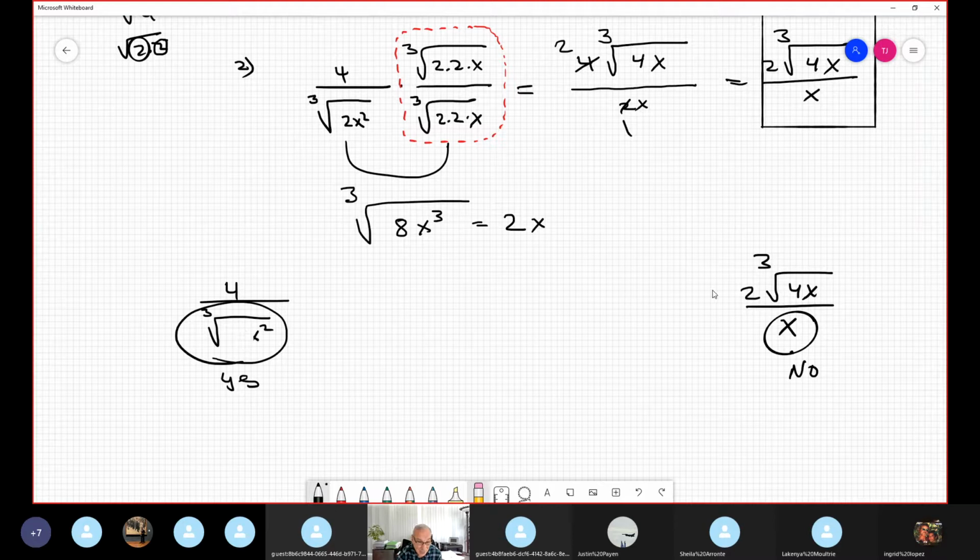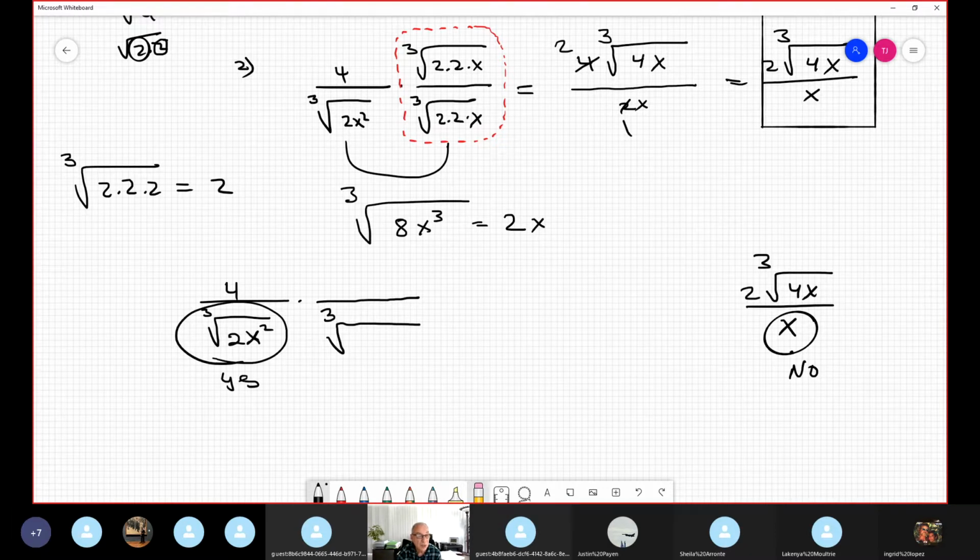So, as always happens, I need to create a smart one. The smart one is not easy to see, because when it's a square root, it's obvious because it's the same. In this case, no. You put a cubic root, the same index, cubic. But I know that the cubic root of 2 times 2 times 2 is 2 without radical.